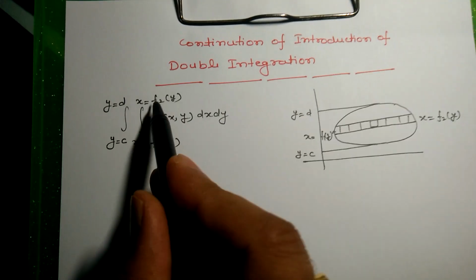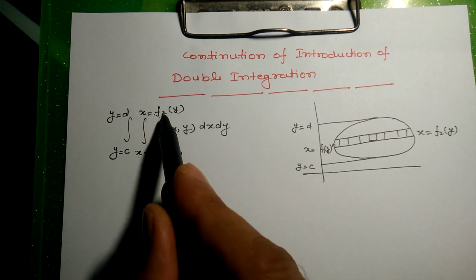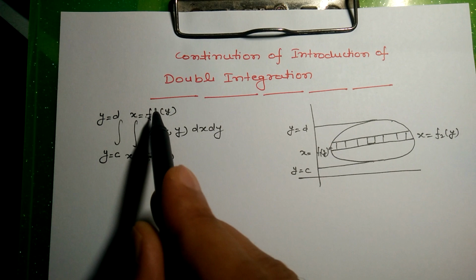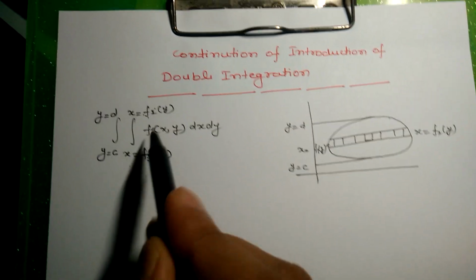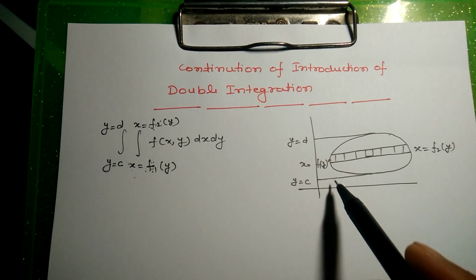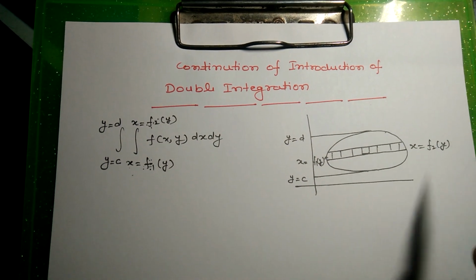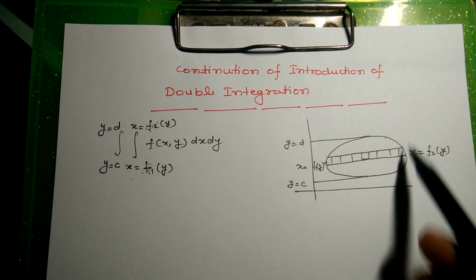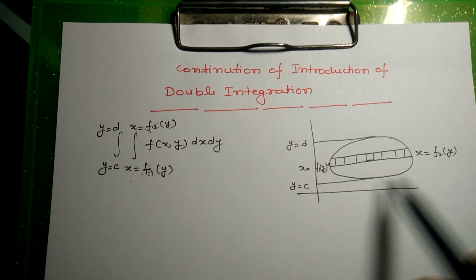Remember, these limits in the double integration usually contain variables. Sometimes they may be constant as well, but if they are constant, that means my region of integration is rectangular, because for a rectangular region the boundary will be straight lines, x equal to constant, y equal to constant.